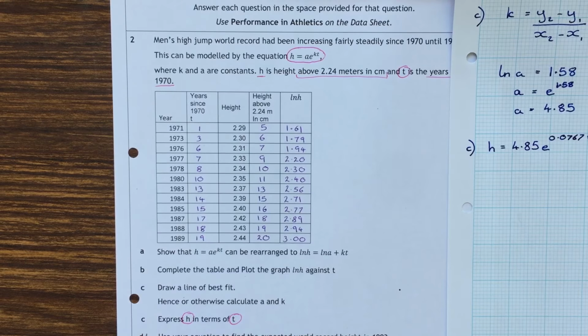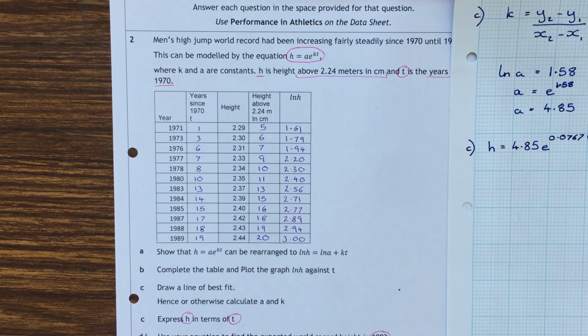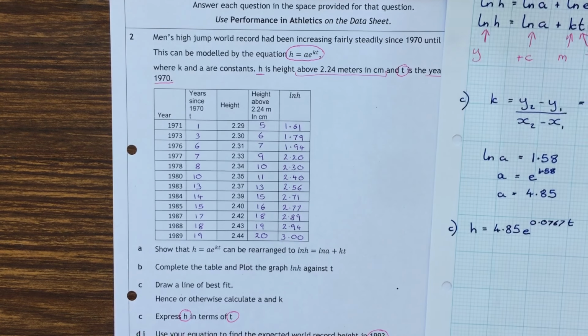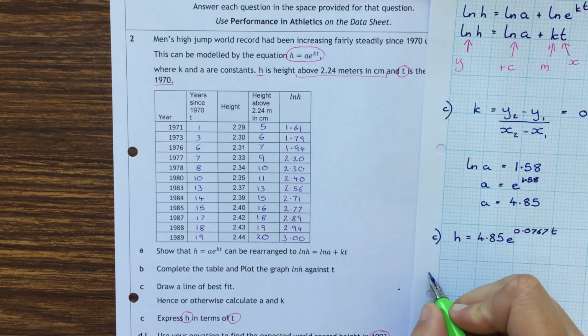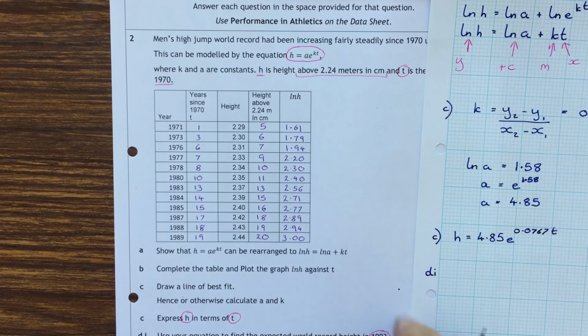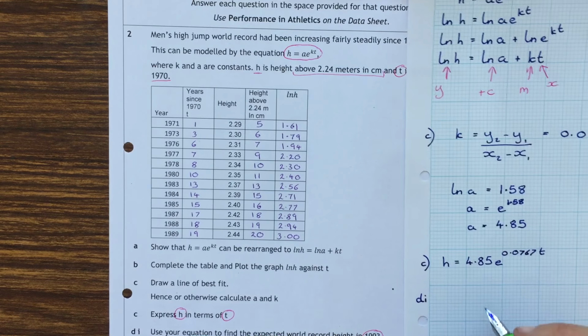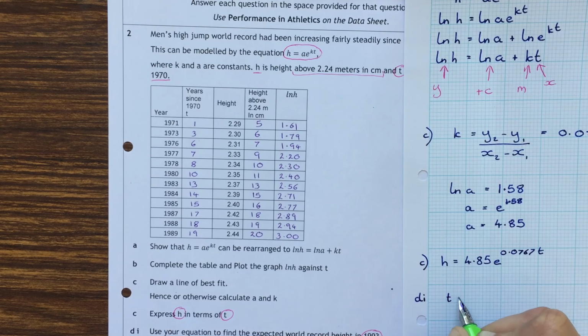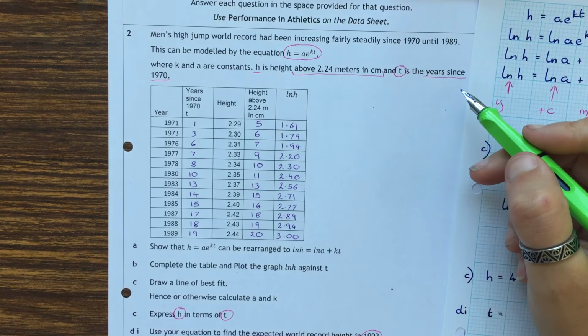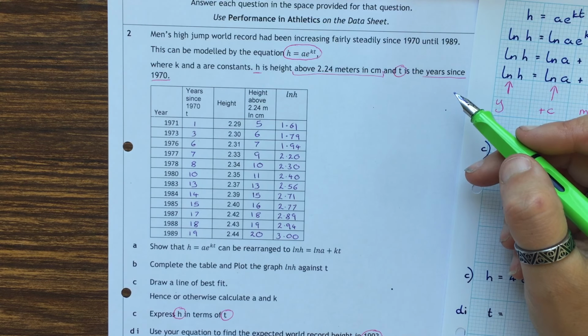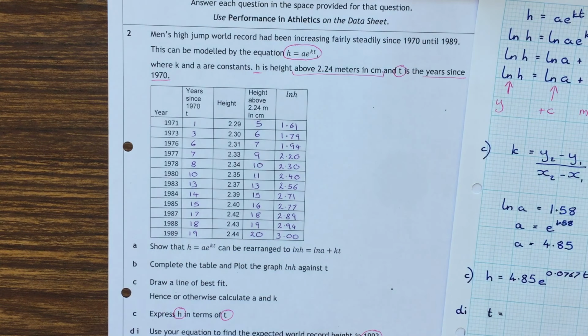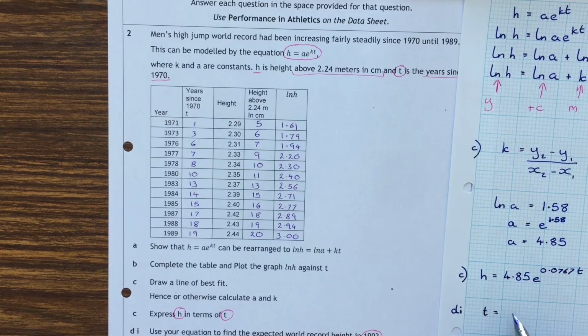Okay, so use your equation to find the expected world record height in 1993. So, first off, we are going to need to know what our value of t is, and it's years since 1970, so 1993 should be 23.